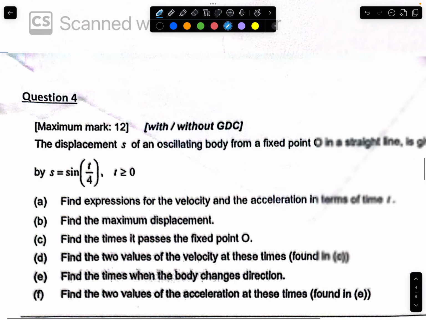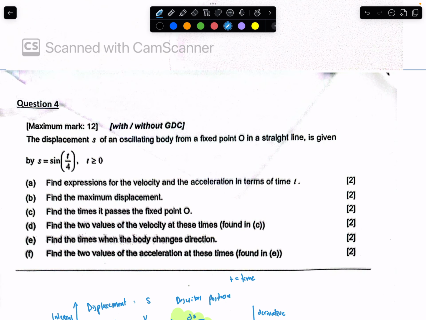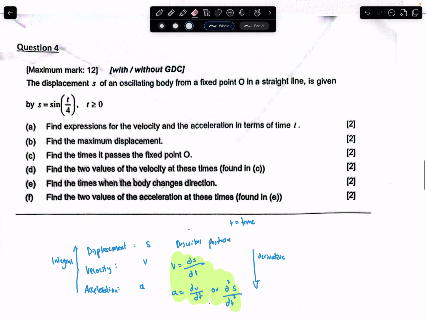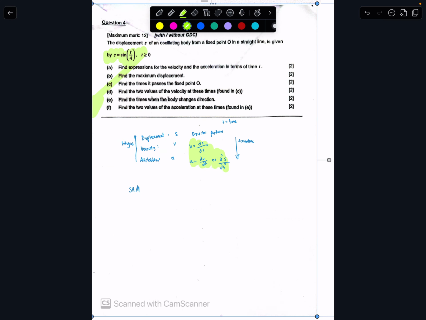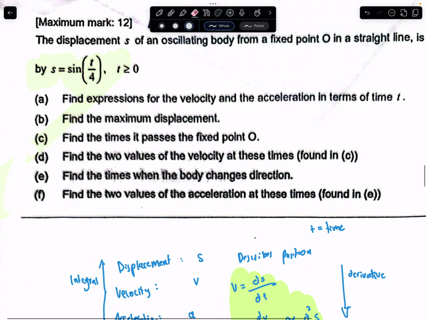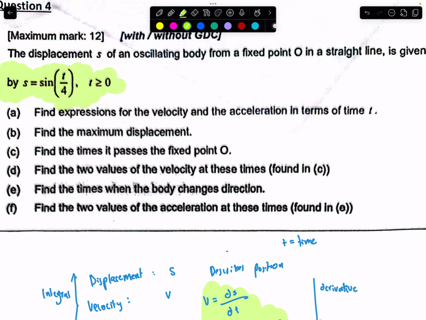Now, answering the question that is given to us. The displacement S of an oscillating body from a fixed point O in a straight line is given by S equal to sine t over 4. Focus on this because it is our given. Anything that is given to us is important to fill out in any question.